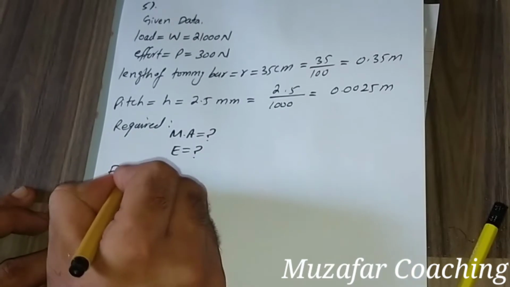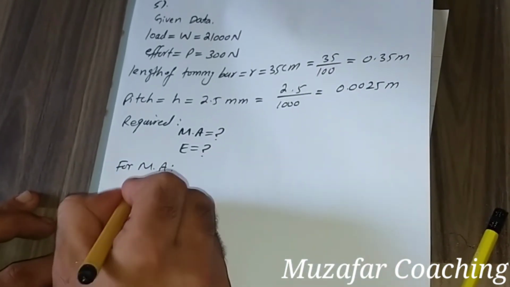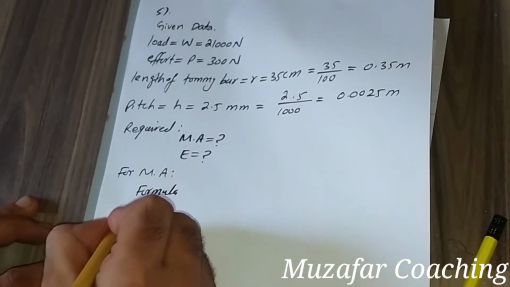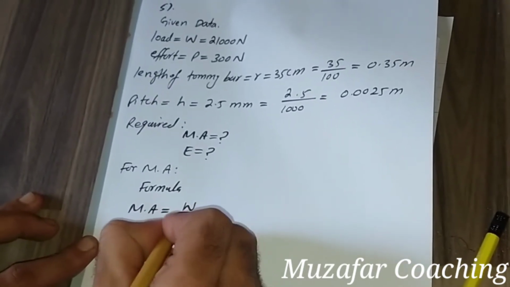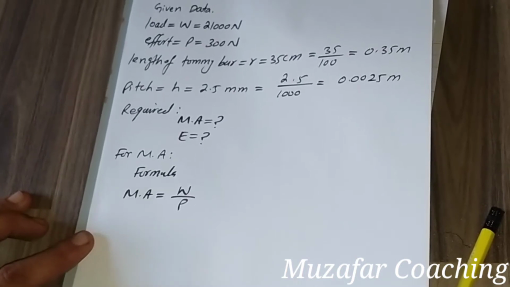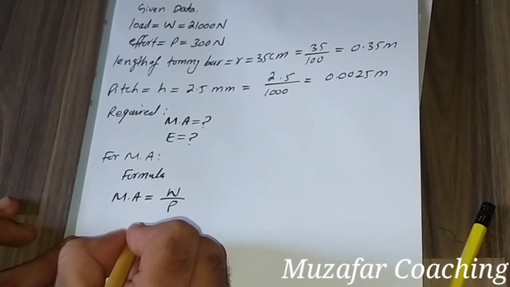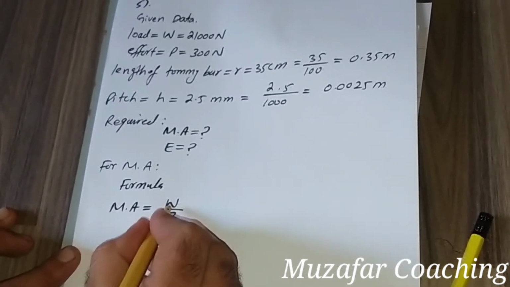I'm writing the formula for mechanical advantage. Mechanical advantage is equal to W upon P, the same formula as we frequently used in the previous numericals. Now we will be putting the values. What is W over here?